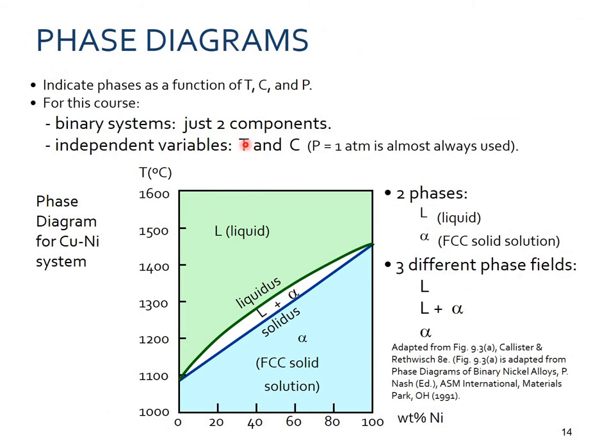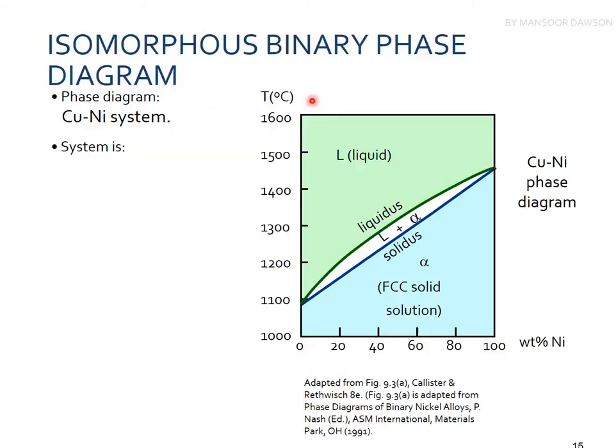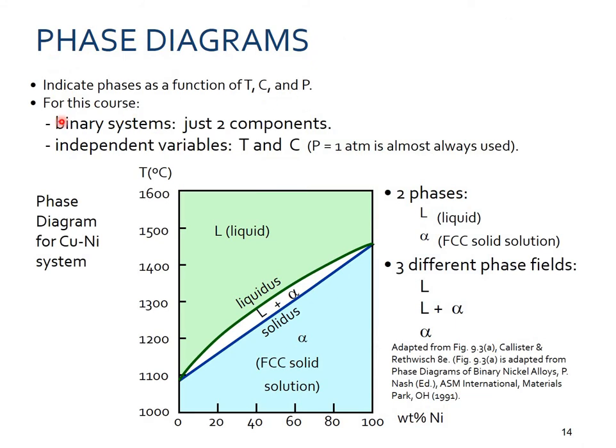here we have phase diagrams, which indicate phase as a function of temperature, composition, and pressure. For this course, we are going to be discussing binary systems only, which have two components. One independent variable is temperature, and the composition is also an independent variable. Pressure is usually always 1 atm, so we are not considering pressure over here.